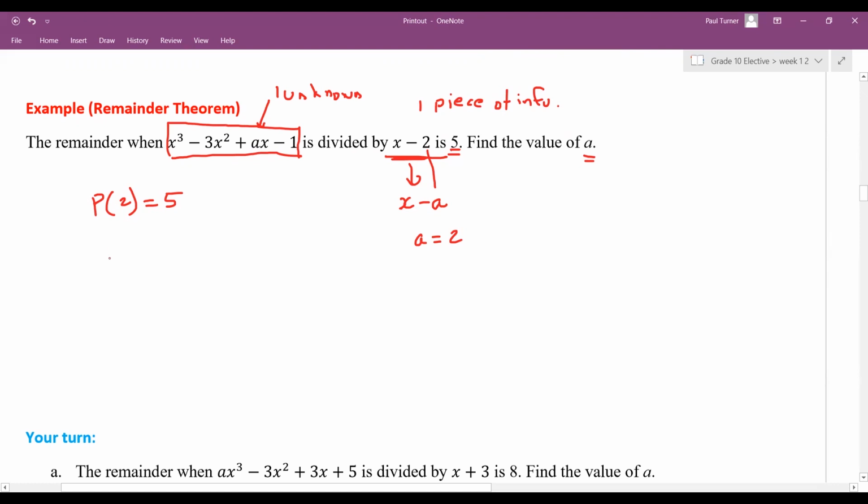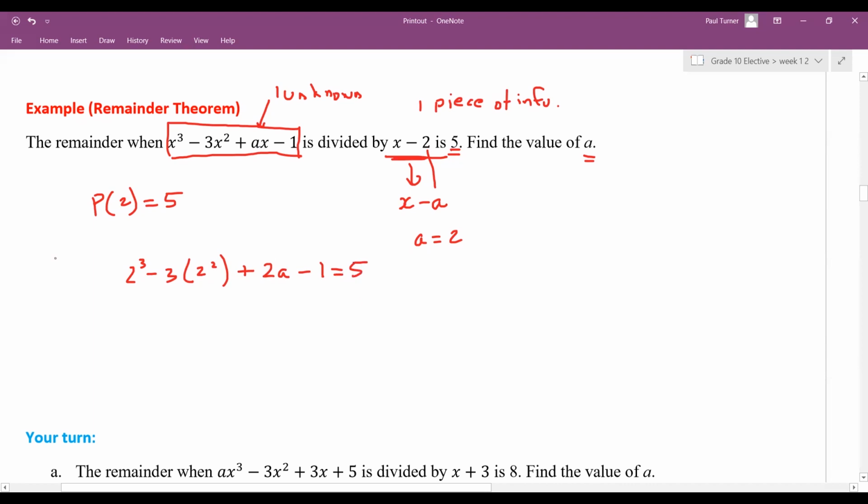Let me go to my next page, just to keep track of what I'm doing. So we put 2 cubed into the polynomial, minus 3 times 2 squared, plus a times 2. I'm going to write 2a, because we normally put the number first, minus 1. If you substitute 2 into your polynomial, you'll get this remainder 5.